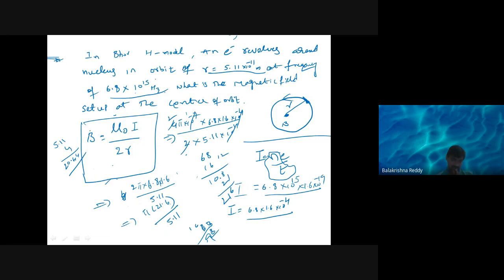1.6, again into 3.14. Pi value also you have to multiply, no? So 21.6 into 3.14, how much will you get?